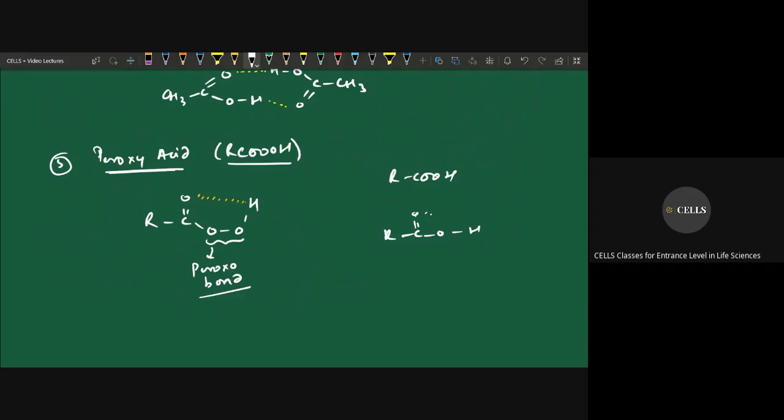But there is no hydrogen bonding between the O and the H. So that's why the release of H plus is favored. And that's why it is a good acid. Not good, strong acid.